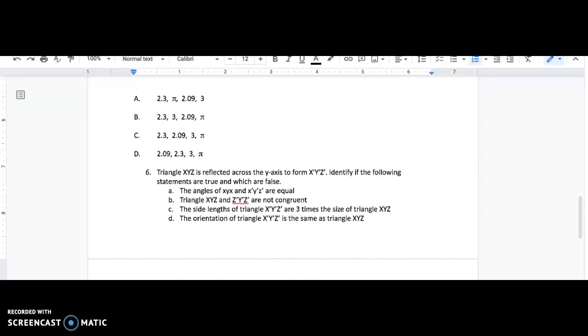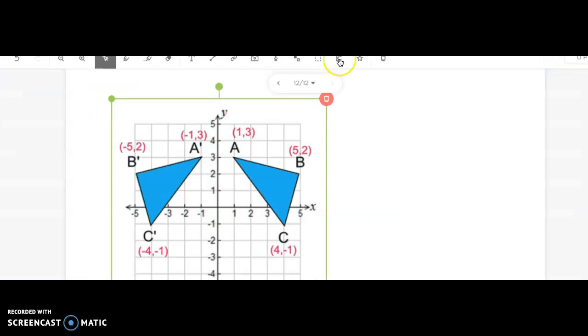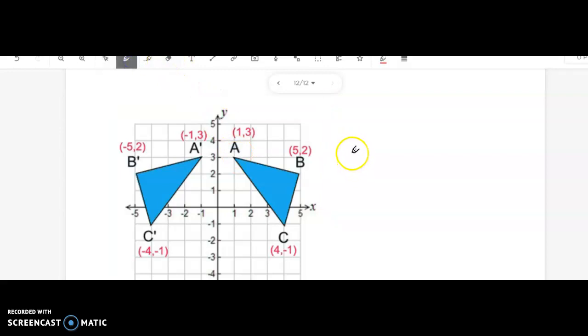So if we go back and look at this, angle A and A prime are still the same angle. It didn't change. That angle didn't get any wider.